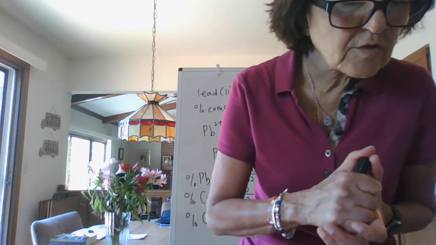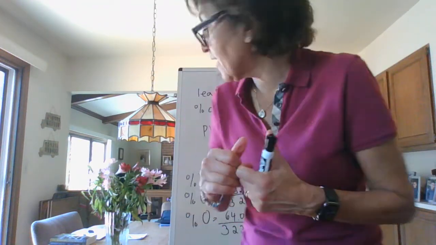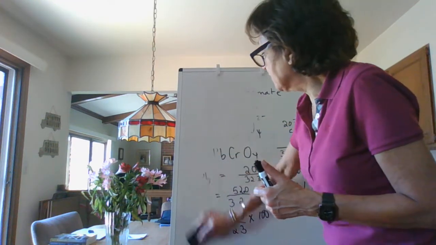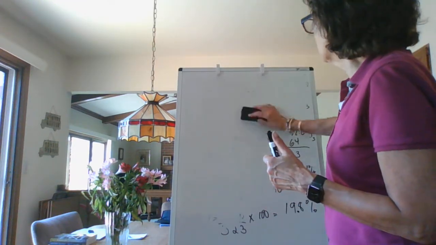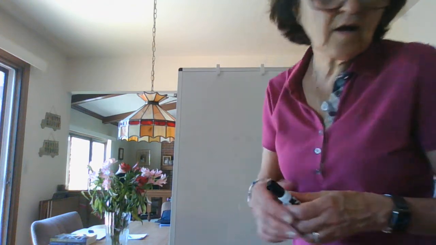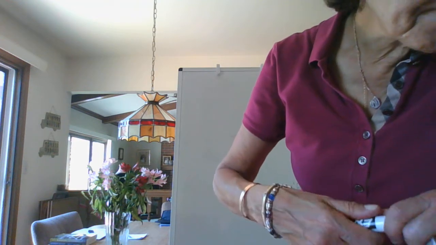All right. So let's do an application of that one. All right. And so here's an application of a percent composition problem. Let me put that up on the board. All right.